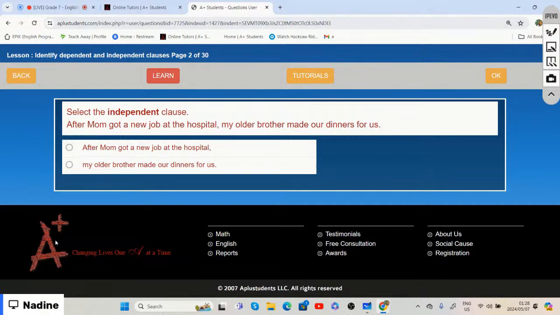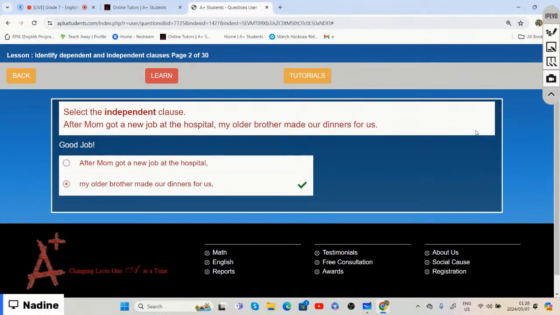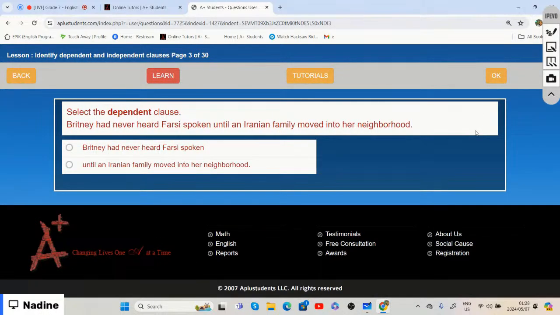If we were to select the independent clause, we would say, my older brother made dinner for us.